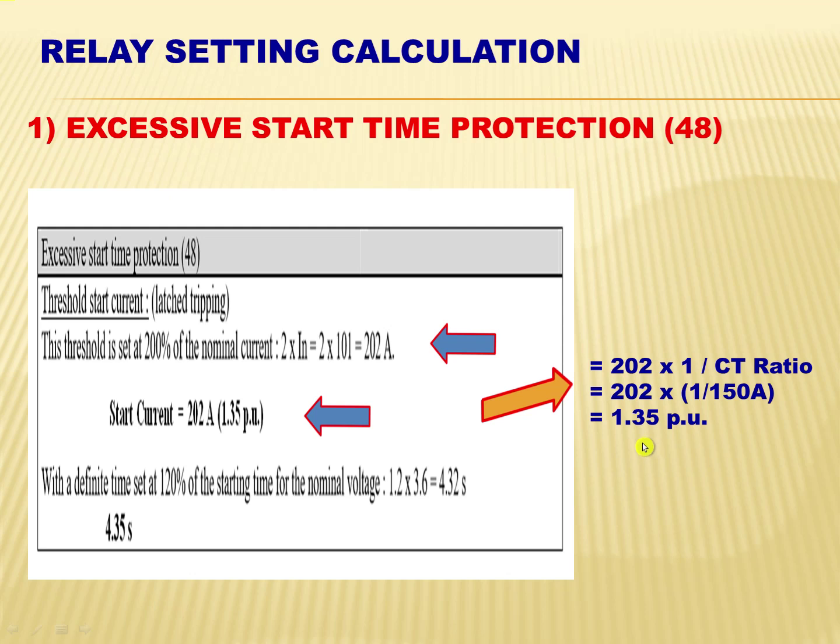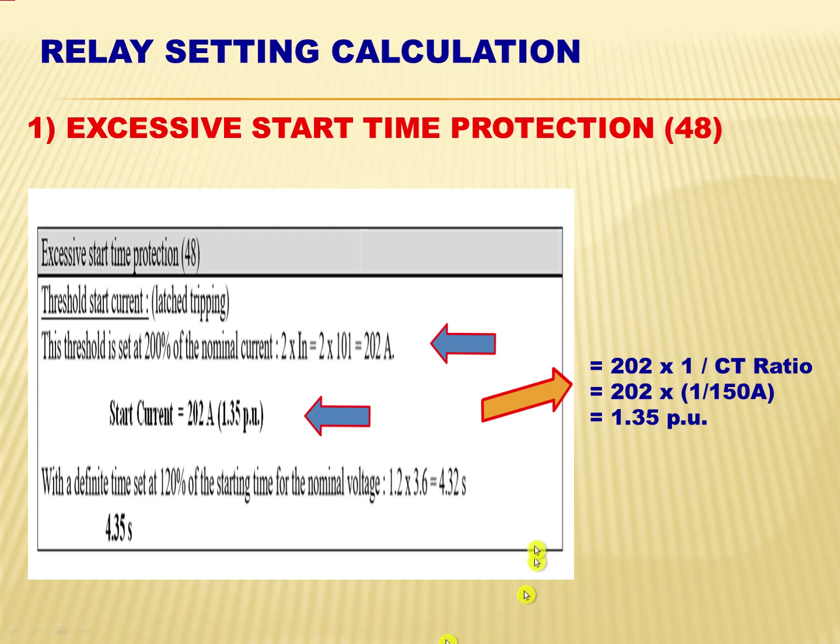Okay, our time setting here will be a definite time set at 120% of the starting time for the nominal voltage, to ensure that we avoid nuisance tripping during the acceleration time of the motor.